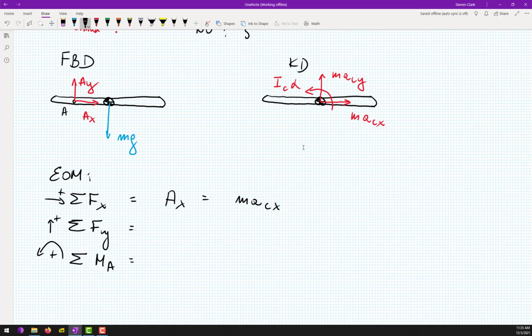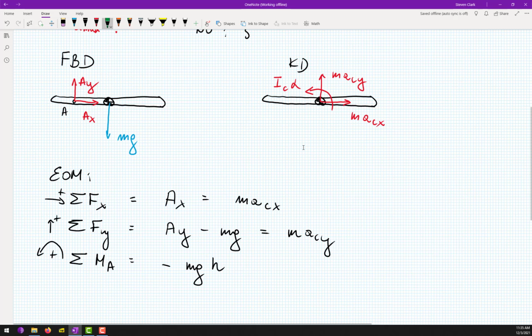In y direction, we have Ay minus mg, and this is equal to MACy. And now, how many forces rotate about A? Only one. So it would be minus mg h, right?